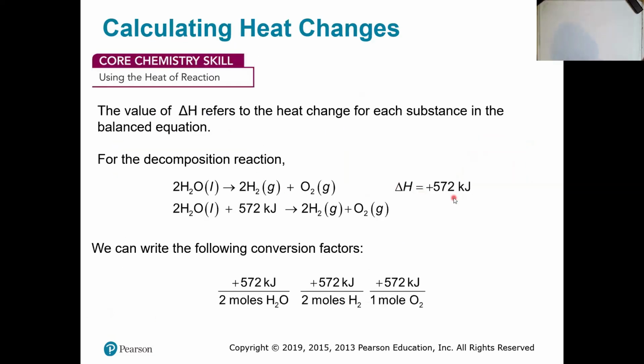The delta H values that are associated with a chemical reaction can be used as an equality with the mole values that you see in your reaction. So just the way that you have your chemical reaction written out here, let me actually write this out on the board so that we can look at it one at a time instead of all on the screen.